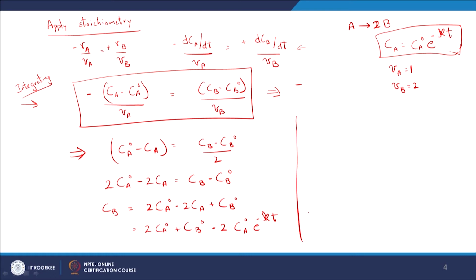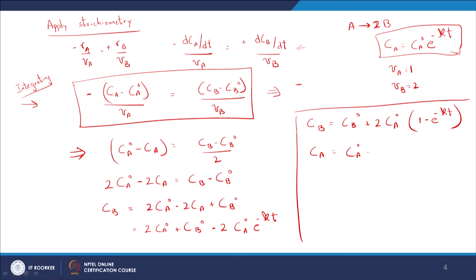So I am going to continue working it out here, and let us simplify that further. We have Cb is equal to Cb naught plus 2 times Ca naught into 1 minus e power minus kt. And what was the Ca equation? Ca equal to Ca naught into e power minus kt.